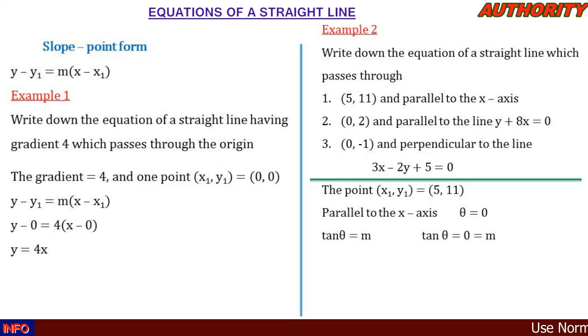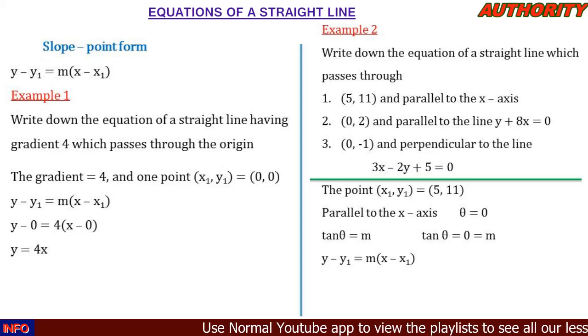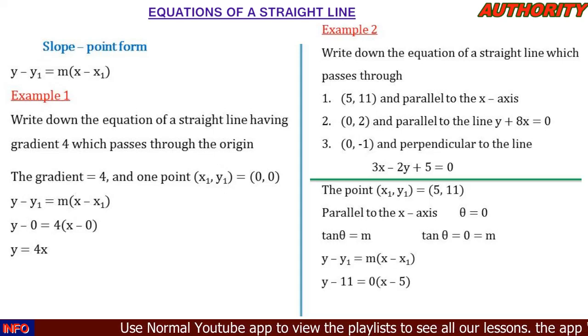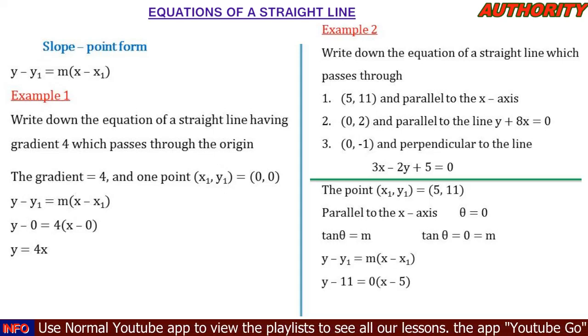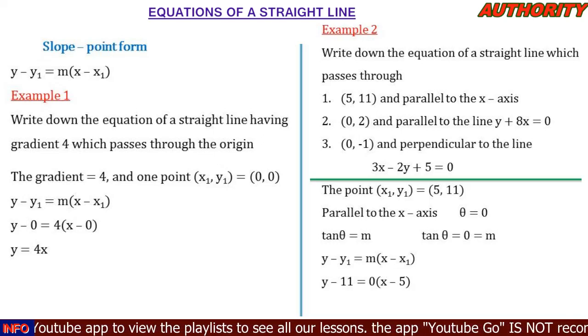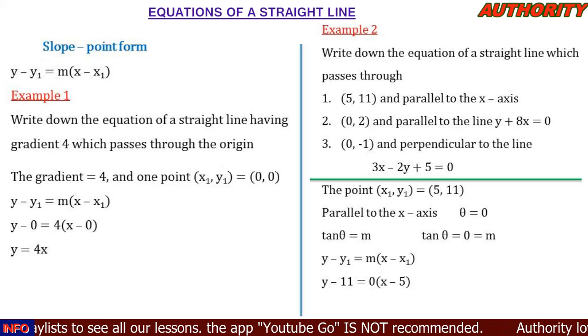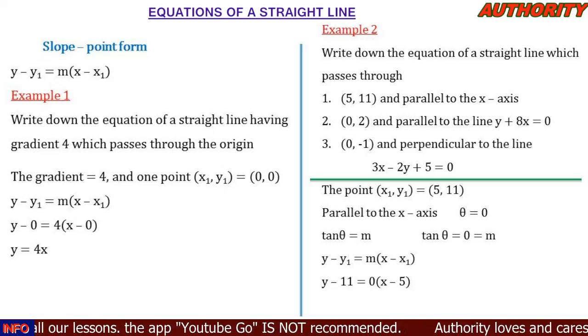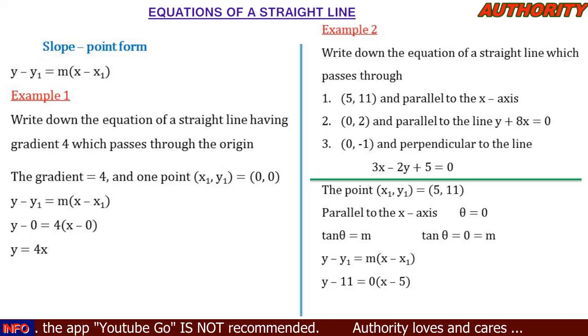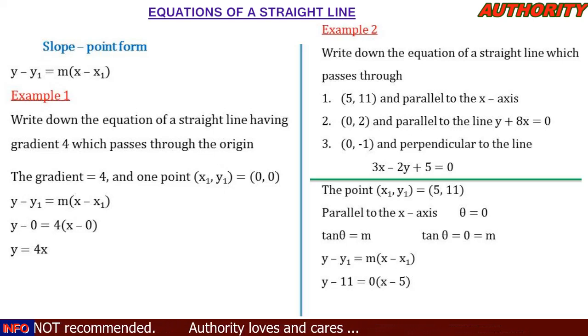Using our formula, y minus y1 is equal to m open bracket x minus x1. Our y1 is 11, so we have y minus 11 is equal to 0 open bracket x minus 5. Zero multiplied by everything in the bracket is 0.